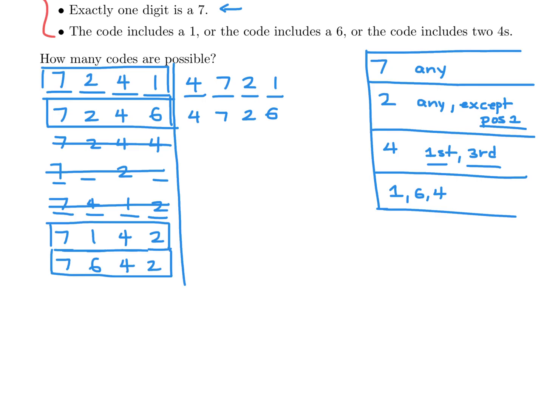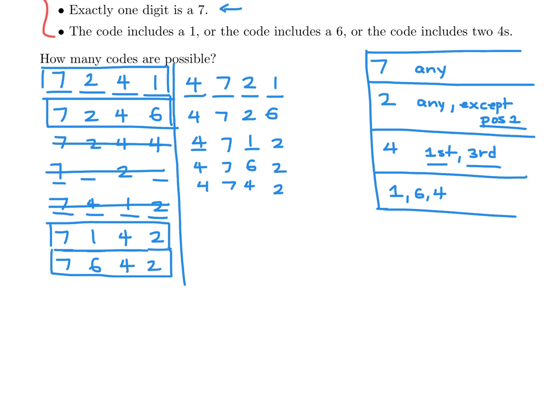Okay, let's go back again. 7 here. Now I'll put the 2 here. And then now I'll fill in the other numbers. The 4 can go here. And then the 1 can go there. And in the same way, I can put the 6 there. And guess what? I can put the 4 there also, because that is the third position. So we got quite a few here.